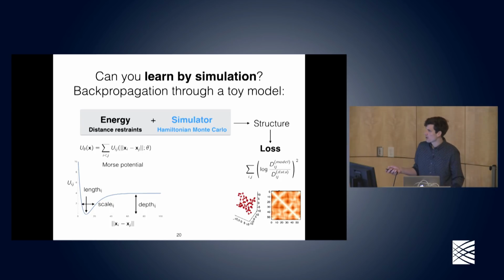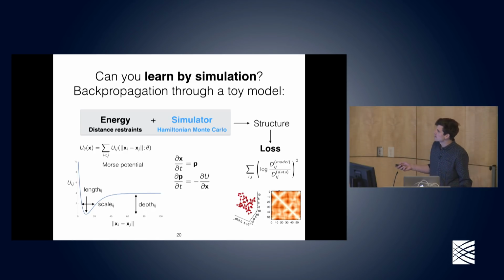If you've ever seen this in chemistry, you often describe the favorability of two things being close in terms of potential wells. These are just objects that say, in this case, that xi and xj don't like to be too close. They like to be just this distance apart with some sloppiness, and if they're completely dissociated, it stops mattering at some point, but you pay an energetic price to be dissociated.